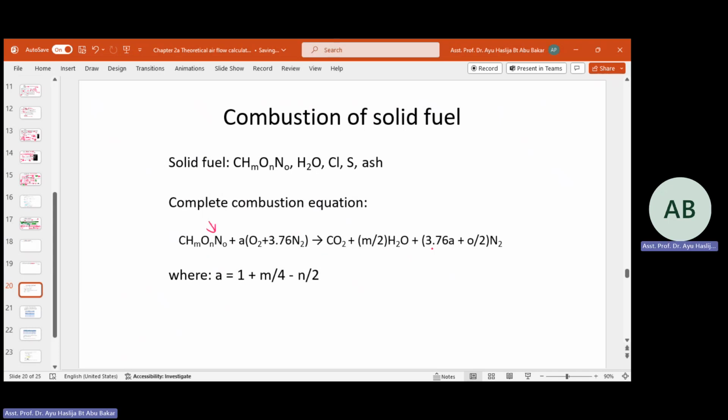So basically it's just similar, but for the N2 over here, since the fuel has N, it will contribute to the output, how much N is produced. O here is not the oxygen, O here is this value.